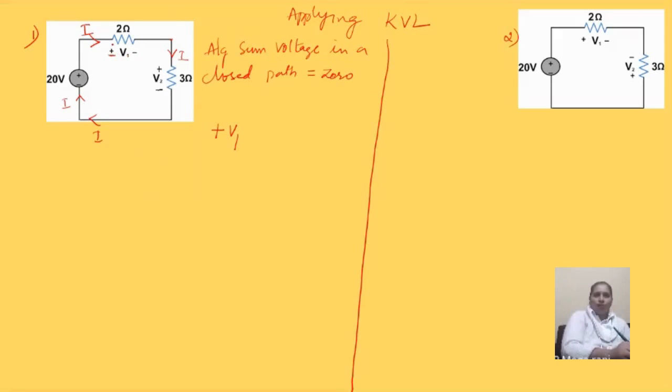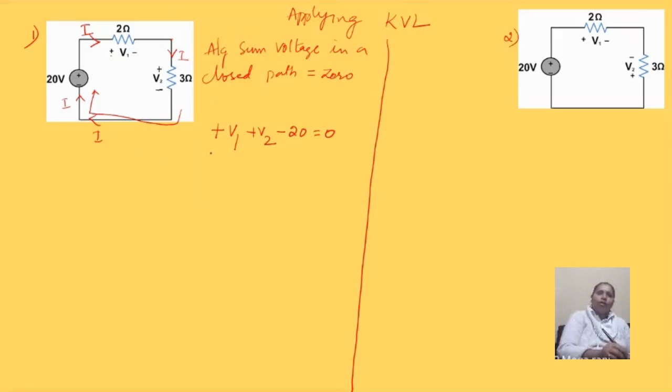Next it is plus V2, and next minus 20 equal to 0. I am repeating it again: whichever terminal is first reached by the current is taken as the sign for writing the value of voltage. So plus V1 plus V2 minus 20 equal to 0.